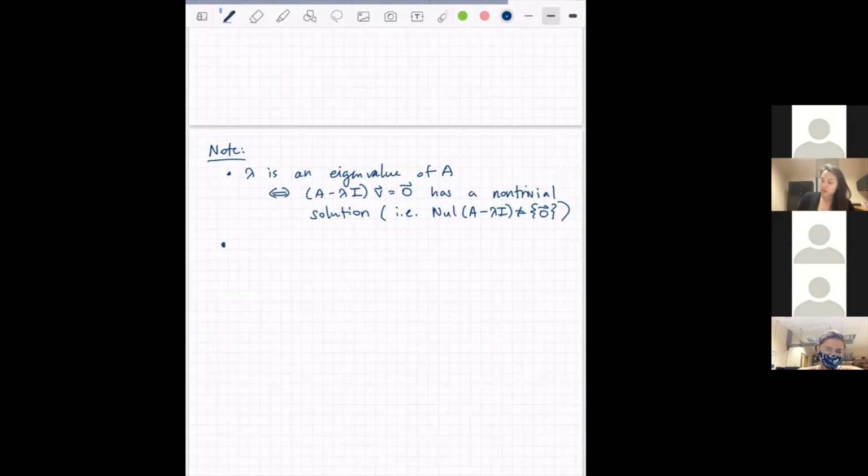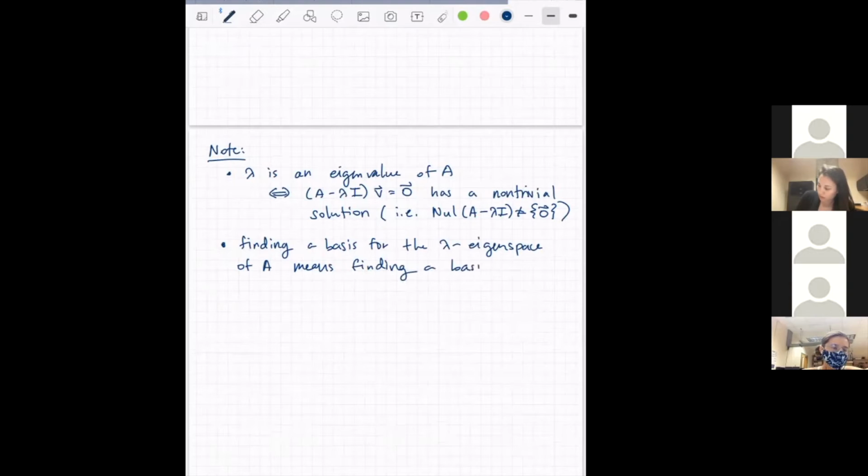And then also, as we discussed before, finding a basis for the lambda eigenspace of A means finding a basis for the null space of A minus lambda I. And we've had some practice with this, so we should know that we do this by solving the homogeneous equation, A minus lambda I times v equals 0.